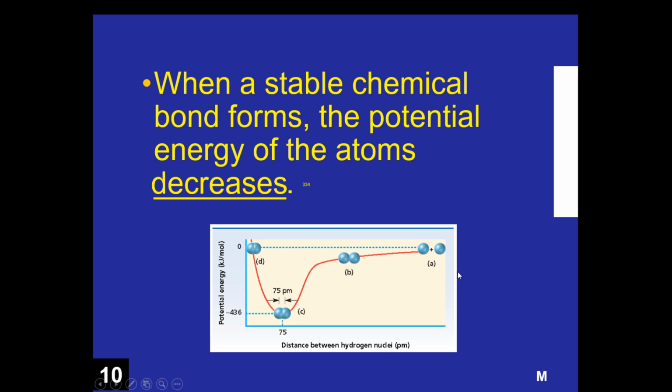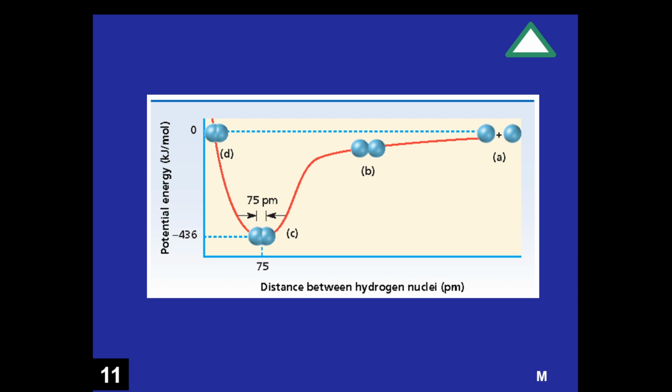And that all relates to the distance between the atoms. So this is the optimal distance between atoms where you have the lowest potential energy. If they were to get any closer, you would rise up this curve and it would be a less stable situation. Okay, when a stable chemical bond forms, the potential energy of the atom decreases. And there's just a larger graph.